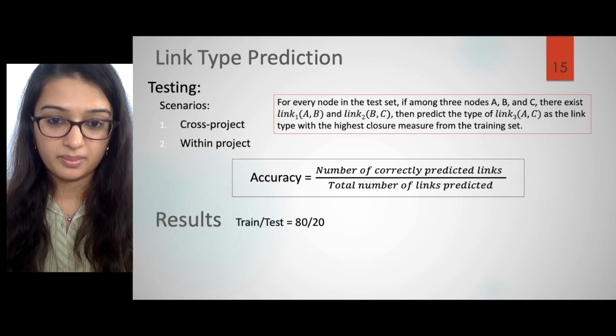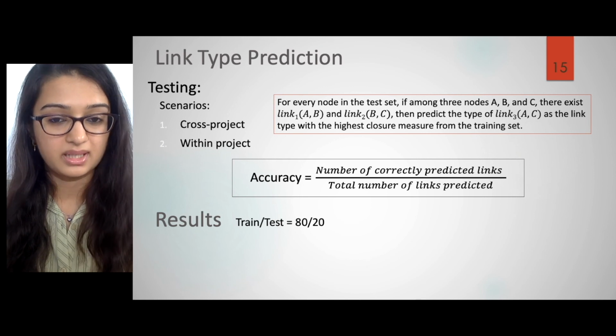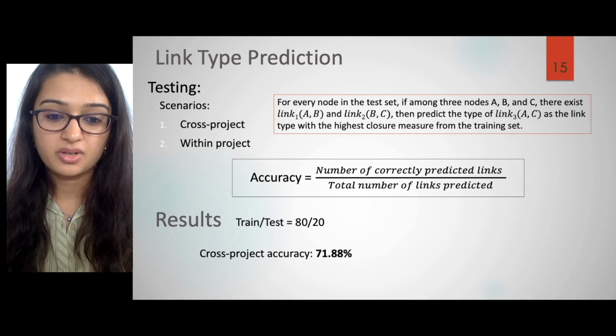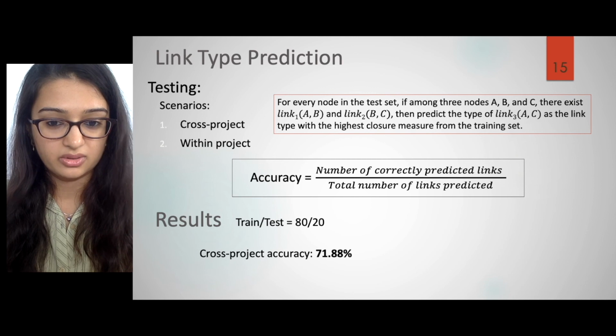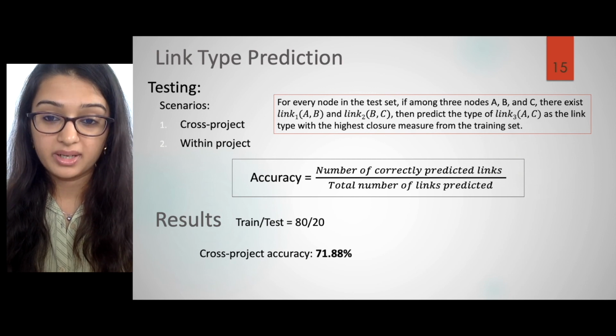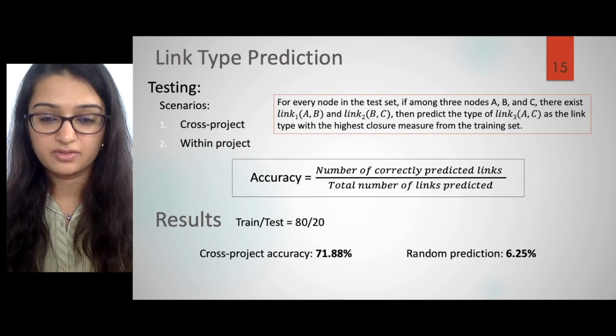To perform these experiments, we divide our training and test set into an 80-20 split. We achieved a cross-project accuracy of 71.88% using triadic closure, and this is far better than the random prediction baseline of 6.25%.